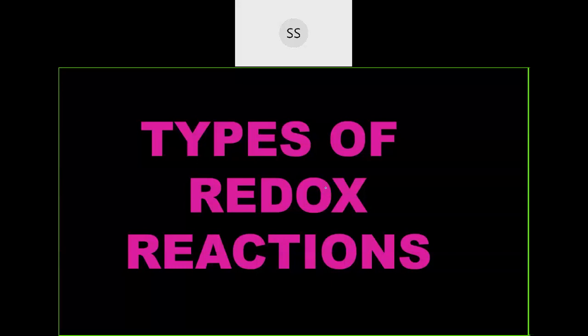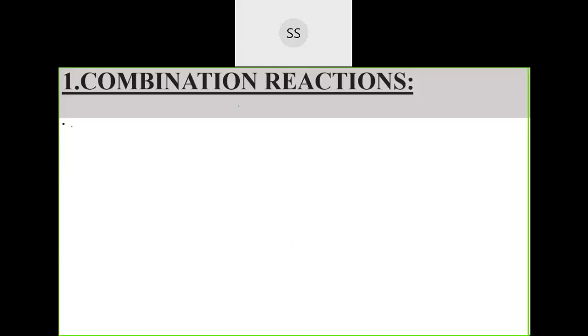So let me start with next topic, that is types of redox reaction. Now first type in that is combination reaction. Combination meaning here what they try to convey to you all.